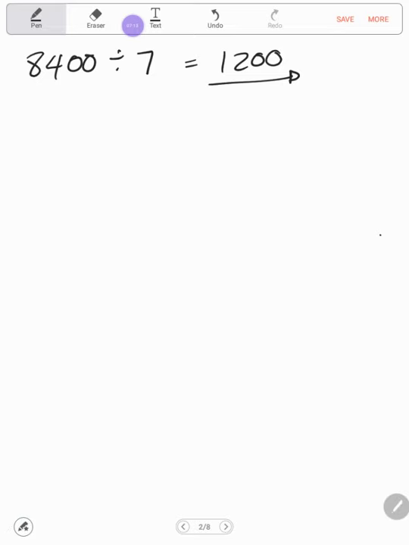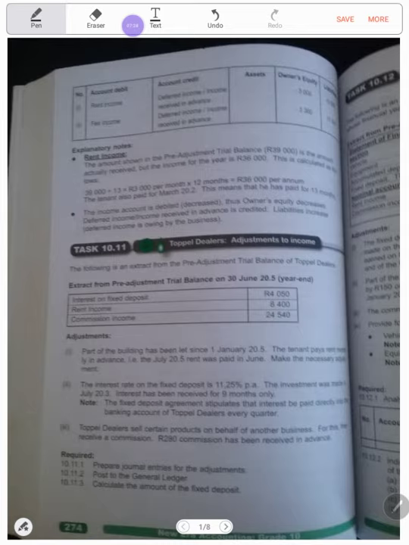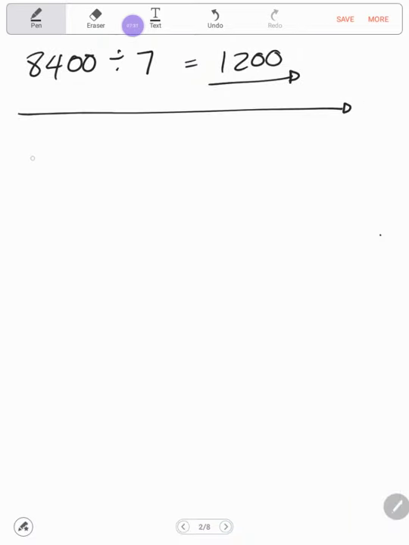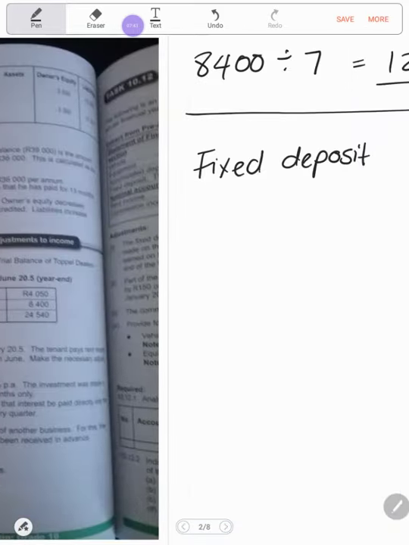What does quarter mean? It means every 3 months we will be receiving interest from these people. So again, we're looking at our interest on fixed deposit. For the year, it worked out to be 4,050.